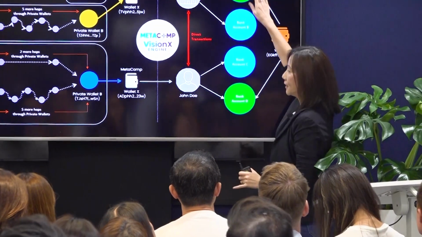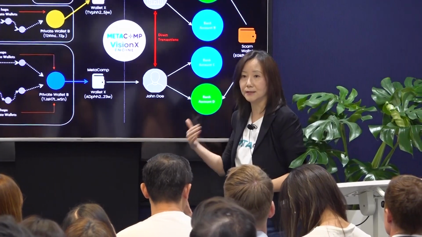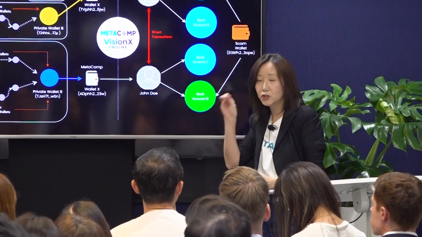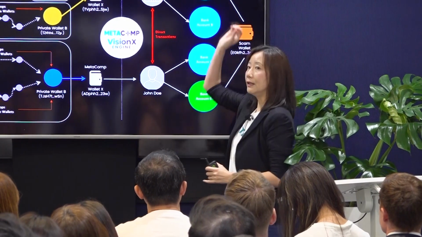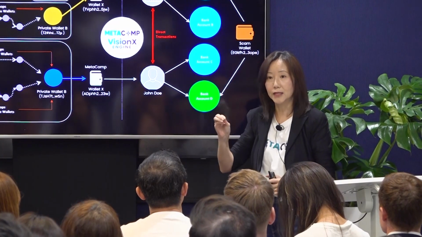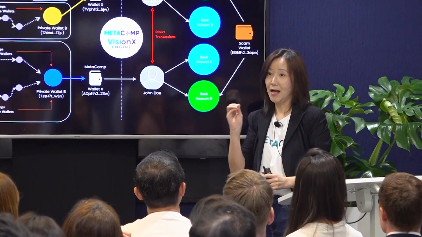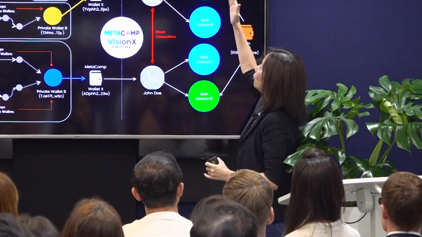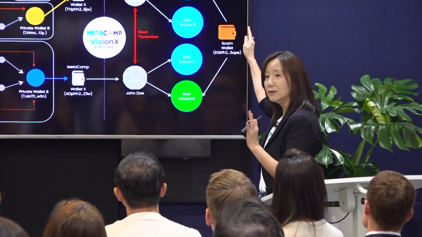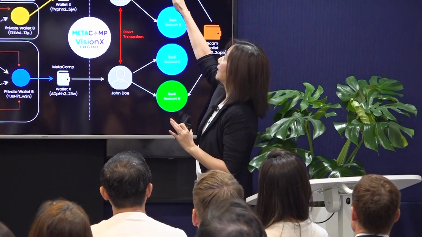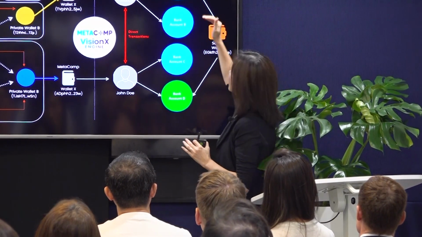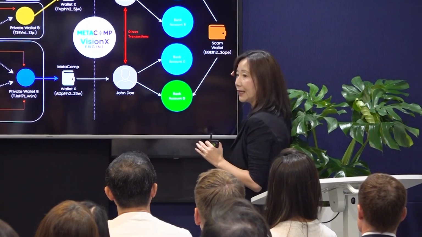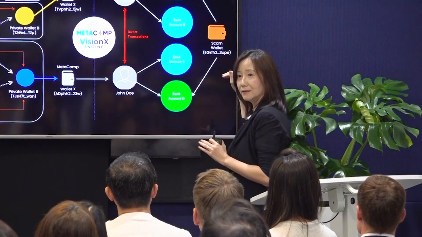Then for the third-party bank account, in our VisionX system we can search whether there are any linked wallets behind this bank account. If we are able to find the linked wallets behind this bank account, then we can also check whether there is any commonality on this side.